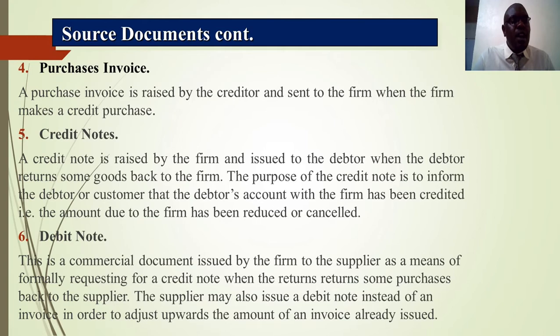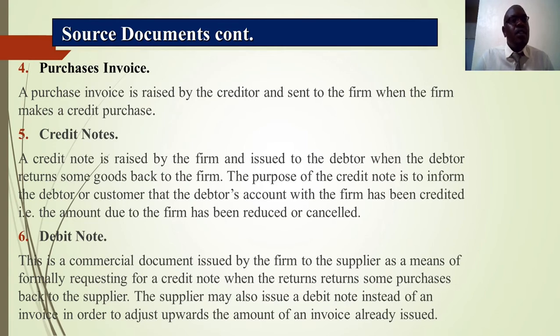Sometimes a debit note is also written by the supplier and sent to us as a business. So when can this happen? Sometimes we buy goods, and when the supplier is preparing the invoice, there is an undercharge in that invoice.